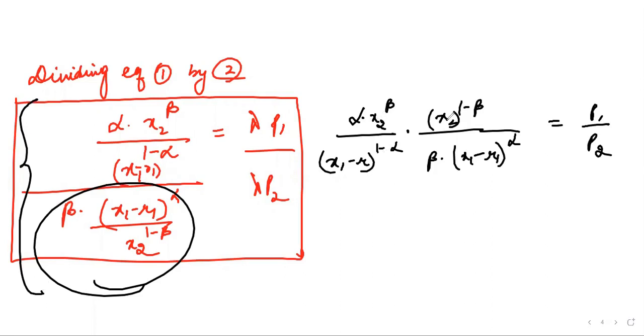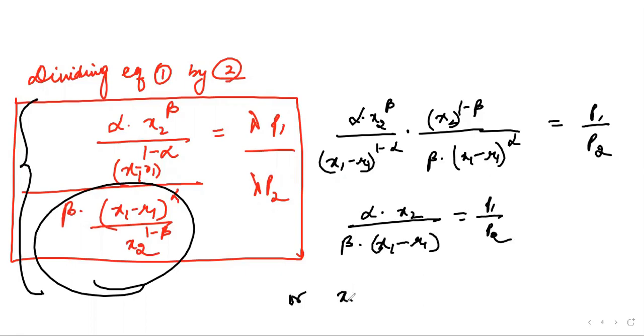Now, when bases are same, powers get added. So I have alpha into x2 upon beta into (x1 minus r1) is equal to p1 by p2. Or I get x2 is equal to p1 by p2 into beta by alpha into (x1 minus r).